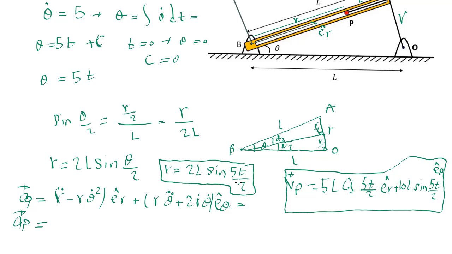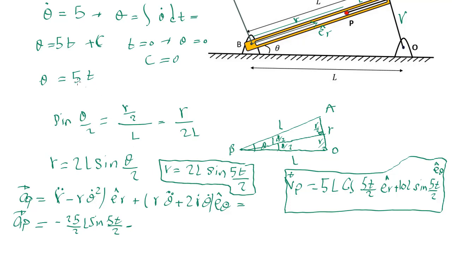Again, if we take another derivative, that's going to be minus 25 over 2 L sine 5t over 2 minus R theta dot squared.